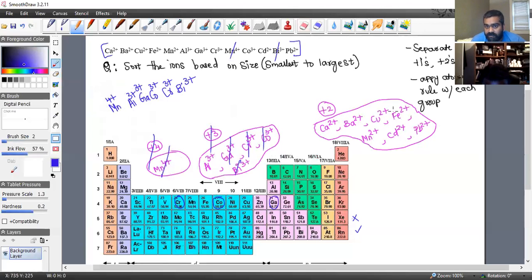Which one of this bunch of elements in +2 is at the rock bottom and furthest to the right? Copper. No, Pb. You see? We got a Pb. Oh, I missed that one. Now, this is the problem: if you do it directly off the list, again, I'm not saying it's impossible to do.